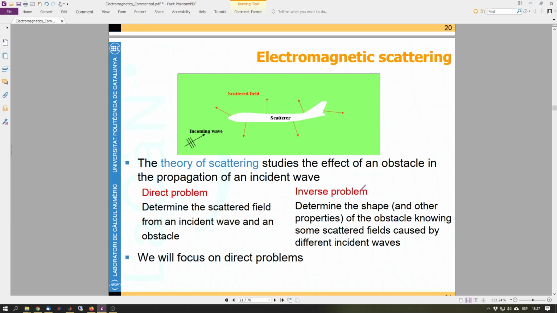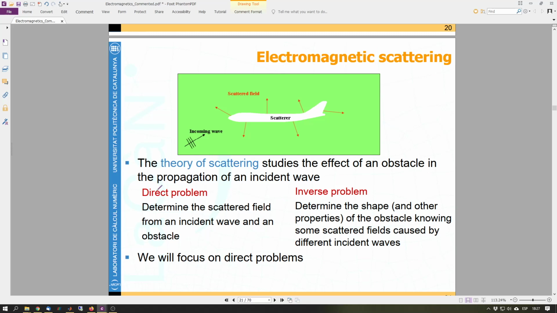Determining the shape, we may get something closer to the shape, and to make things worse, inverse problems may not be well posed, not having a unique solution, so they need to be regularized. Regularized means to add some terms in our equations so that we get a unique solution, right?